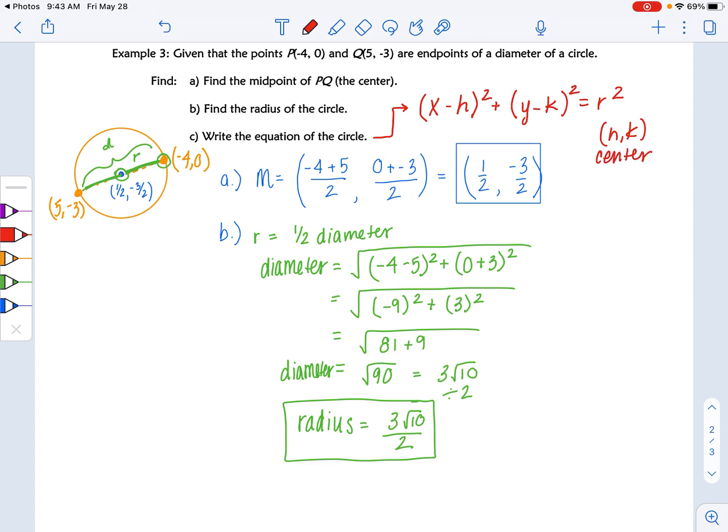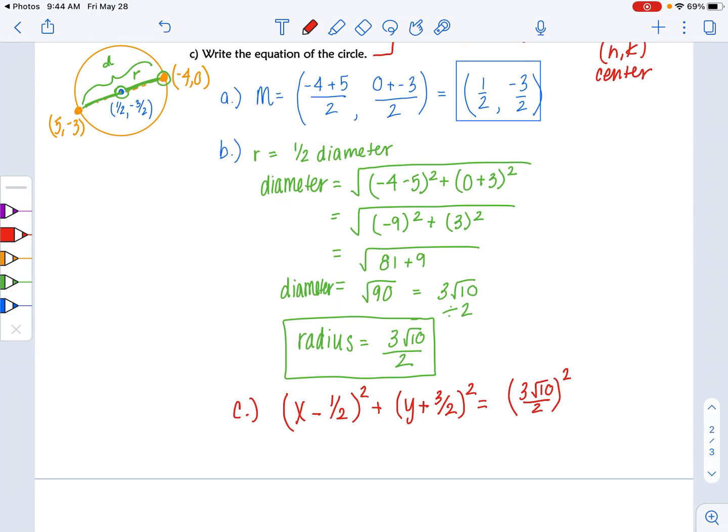So plugging into that formula, I take x minus my center point of 1/2, square it, plus y minus my center point, and since it's already negative, make sure you do a plus sign, and it equals the radius squared. Well, the radius we got from part B, and then I need to square it.